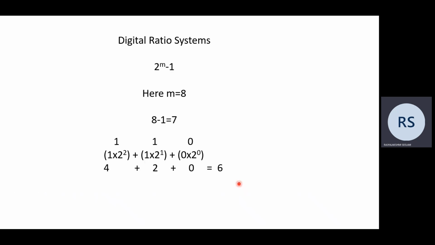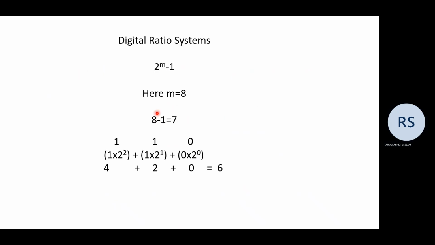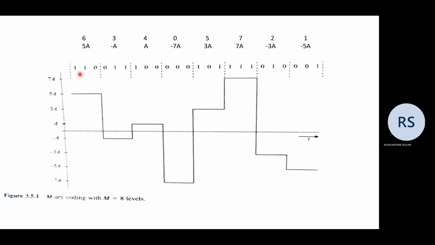So let us see. For the digital system, we have 2 power M. Here M equals 8. Why it is 8: here 1, 2, 3, 4, 5, 6, 7, 8. So we have considered M equals 8, so M minus 1 equals 7. Look at here, this is 1, 2, 3, 4, 5, 6, 7, 8.